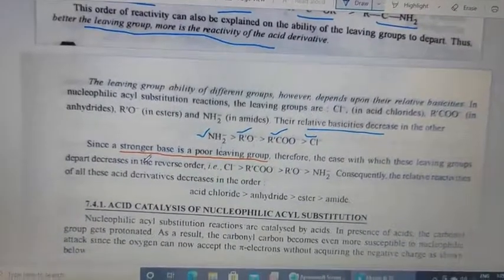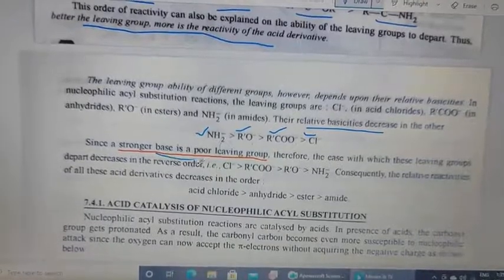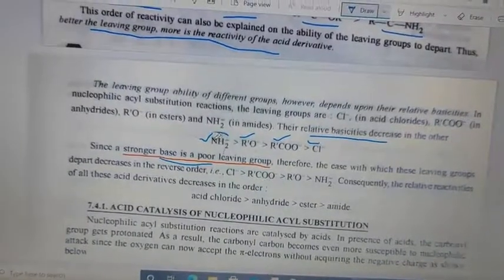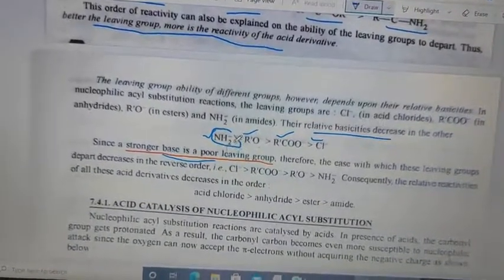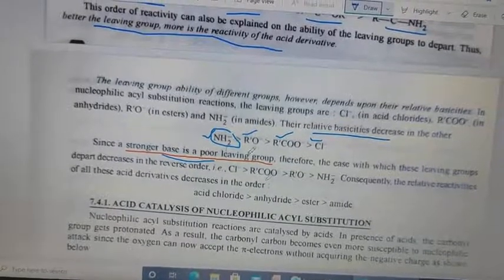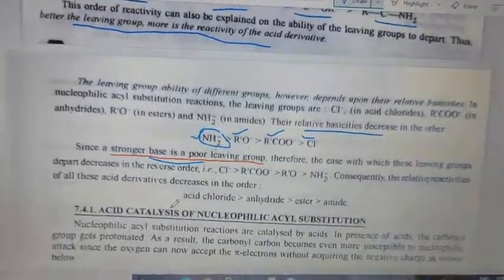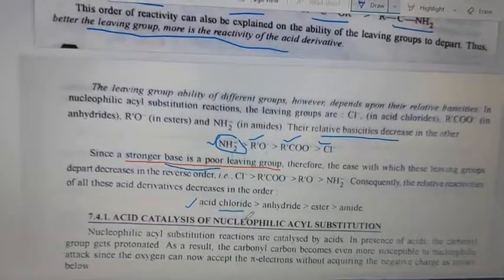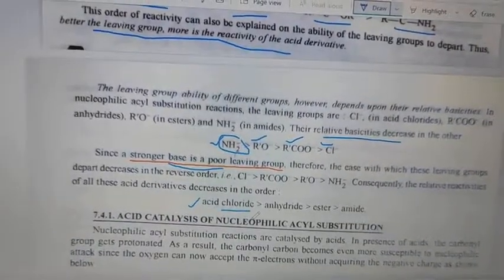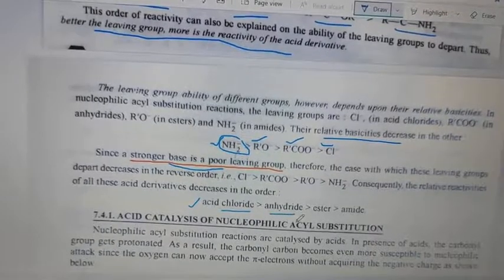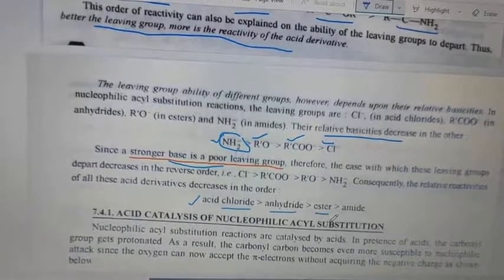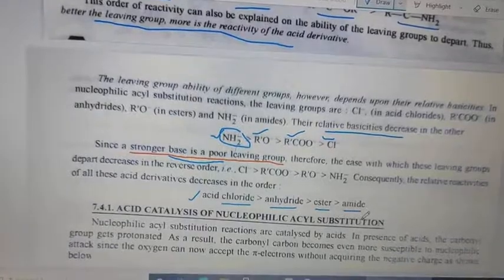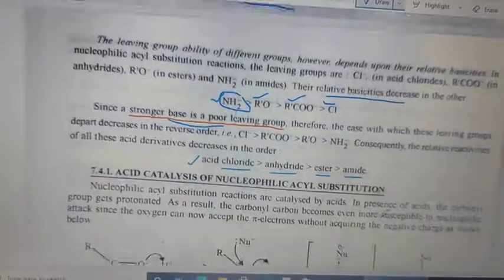Stronger the base, poorer is the leaving group. So NH2 negative will not easily leave. So the reactivity order is acid chloride, because the Cl group easily leaves, then anhydride is more reactive than ester, that is further more reactive than acid amides.